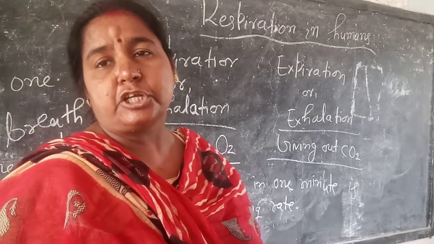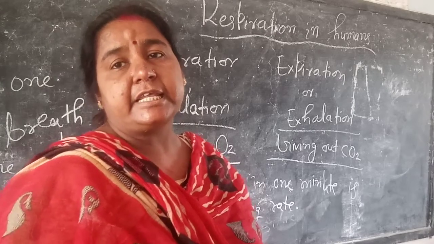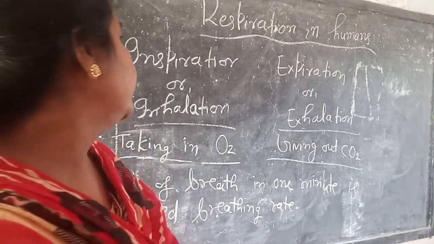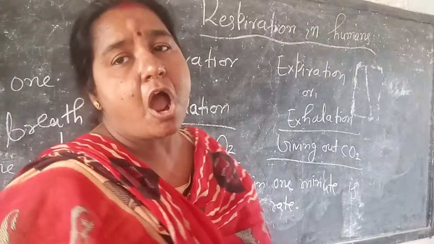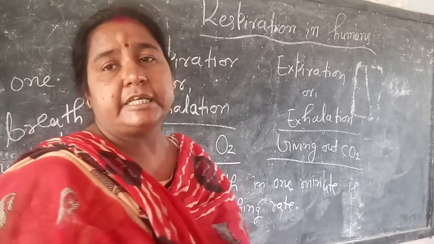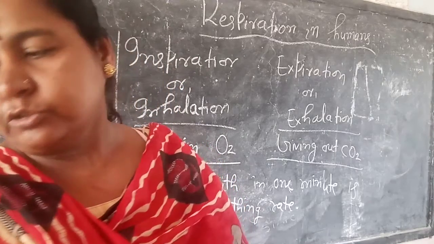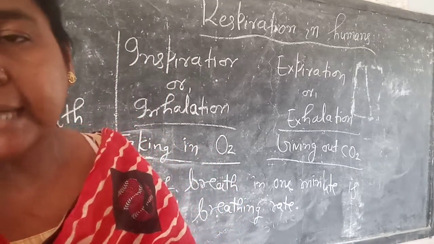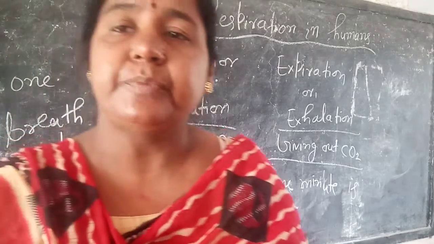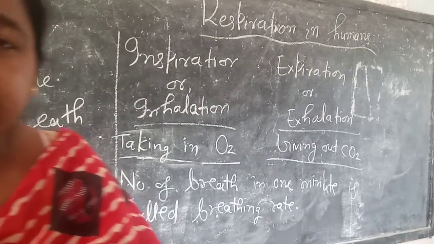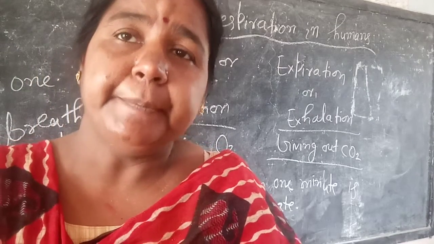Now decomposition of glucose takes place in internal respiration, while in external, that is inspiration or expiration, is done in the respiration process. Now there are two organs that help the respiration process, that is the diaphragm and rib cage.